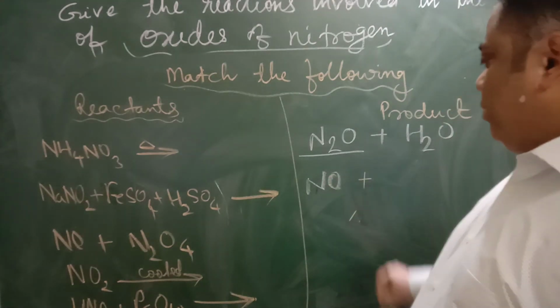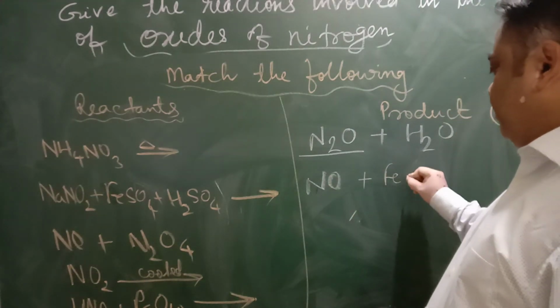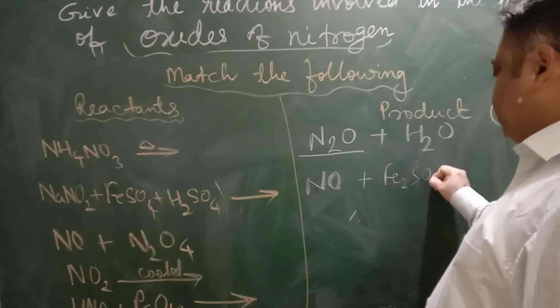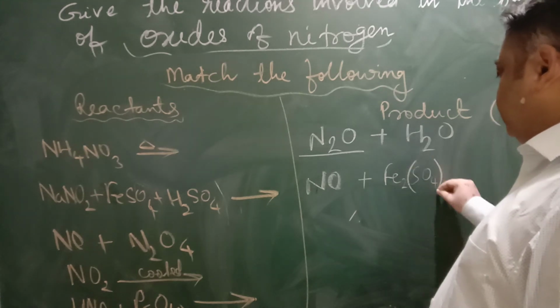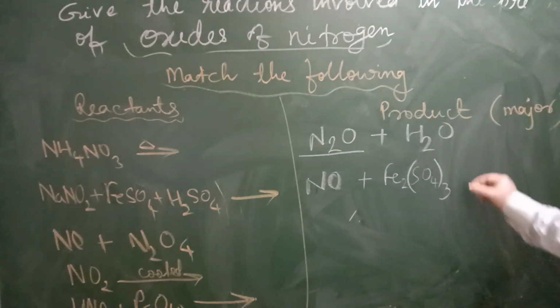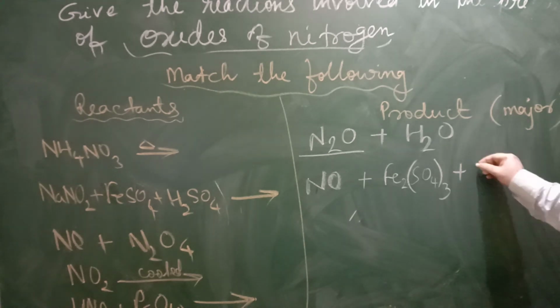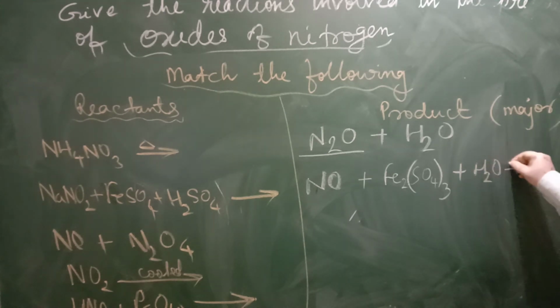And the byproduct would be ferric sulfate, Fe2(SO4)3, plus H2O plus NaHSO4. Balancing you can do.